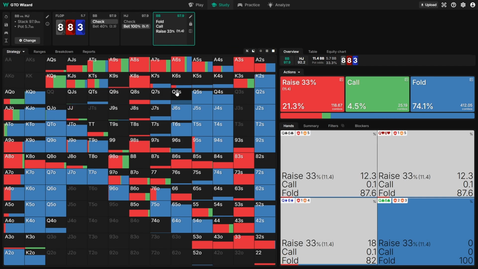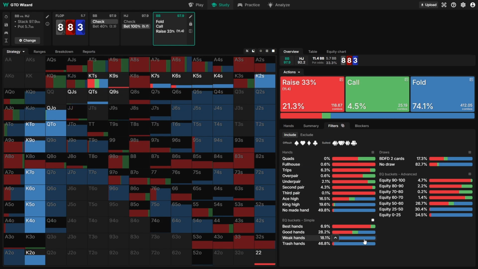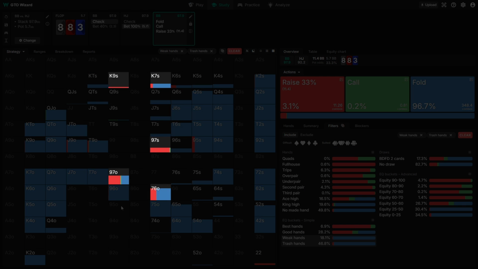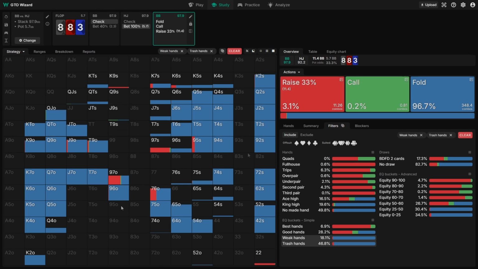So all those hands want to raise at a pretty decent frequency. And then we've got a lot of very weak hands, which in this case really are at the bottom of the barrel here. We've got some 9-7s and some 7-6s that are raising at some frequency, but there's very, very little of it in this case.